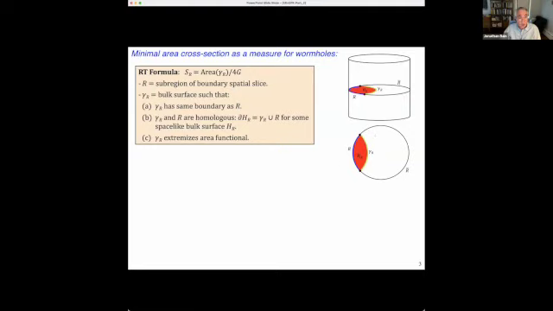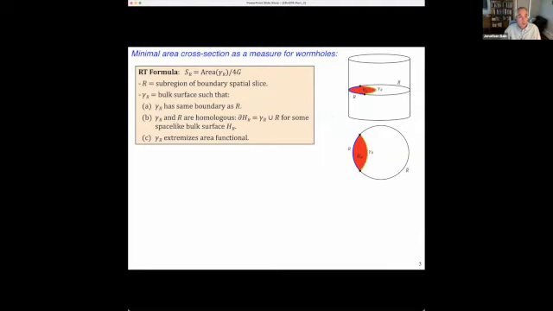And the RT formula says the entanglement entropy of a boundary subsystem with support on R can be calculated in terms of the area of the corresponding minimal area bulk surface gamma sub R divided by 4 times G, the Newtonian gravitational constant. This was the original presentation of the RT formula.